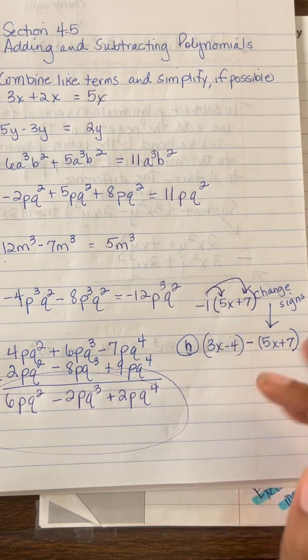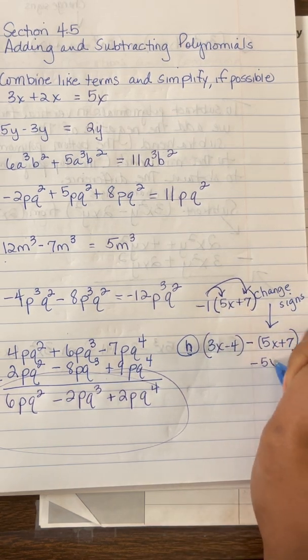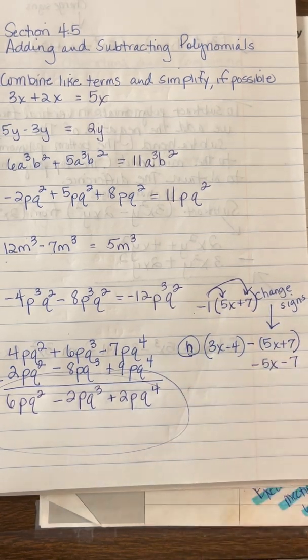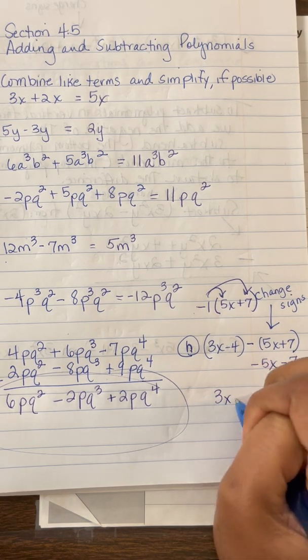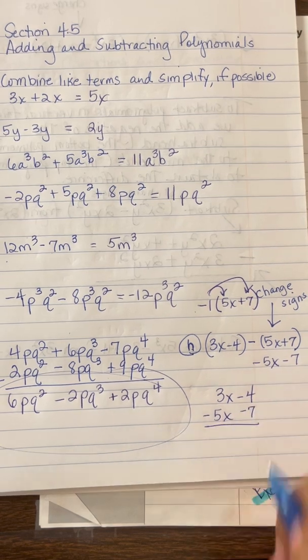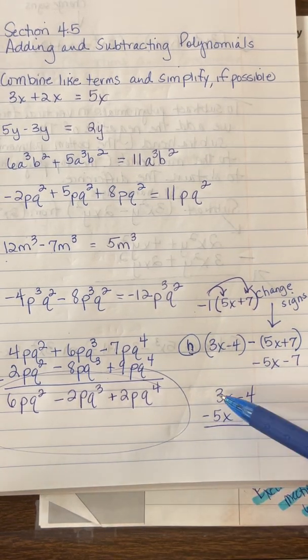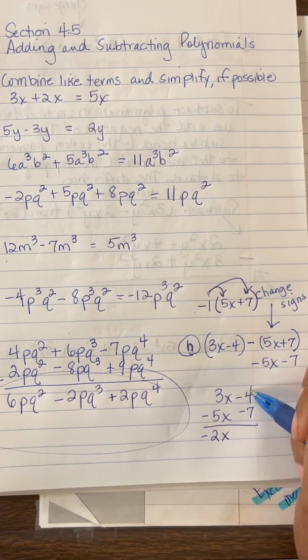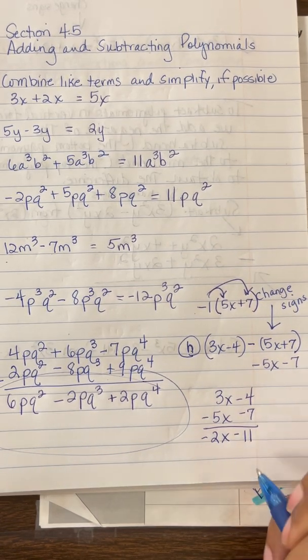Negative 1 times 5 is negative 5x. Negative 1 times 7 is negative 7. What have you done? Just change the signs. Now let me stack them so that you can get a better visual. 3 minus 5 is negative 2x, and negative 4 minus 7 is negative 11.